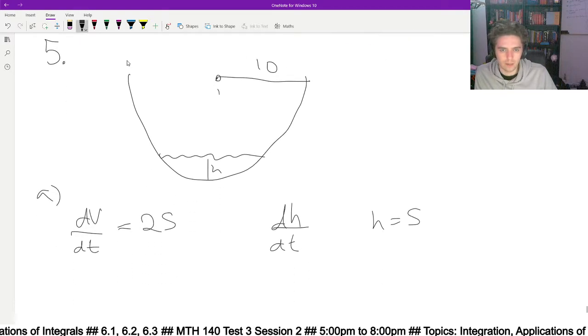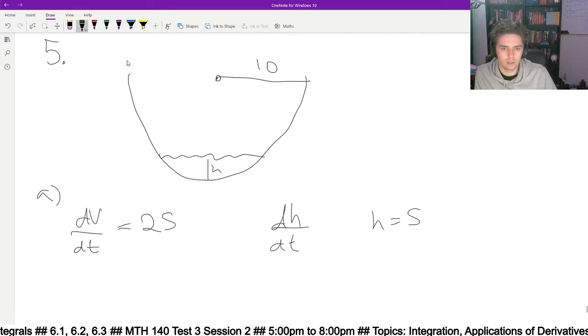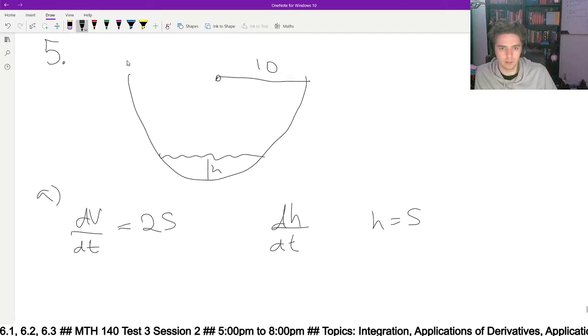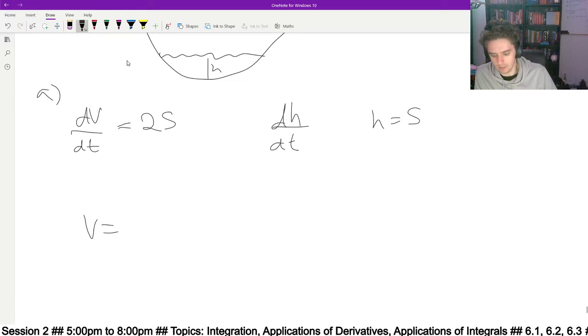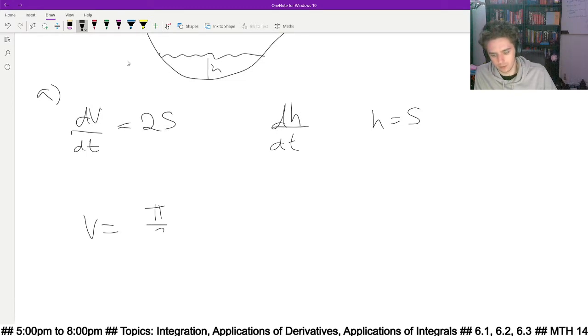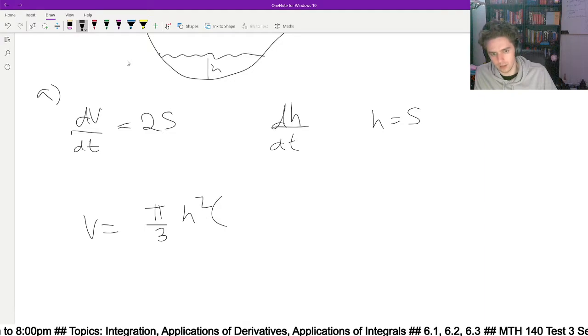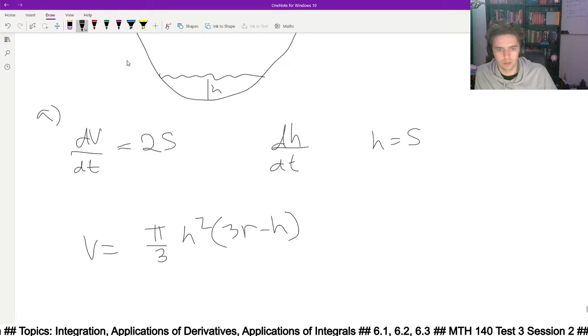So to do this, we're going to have to find a relation, right? The volume of this stuff down here is given to us. So the volume of that cap is pi over 3 h squared times (3r minus h). Okay?